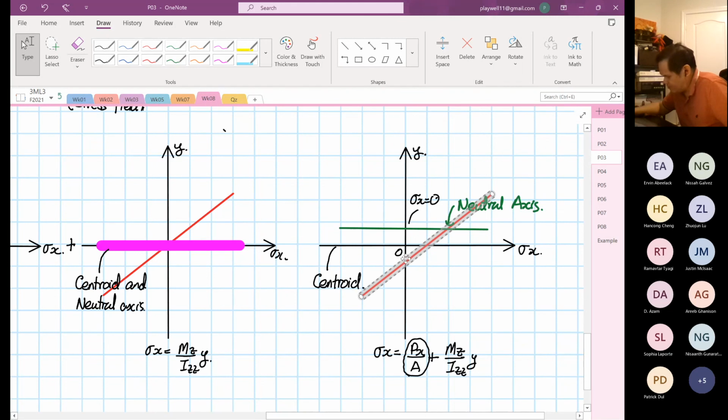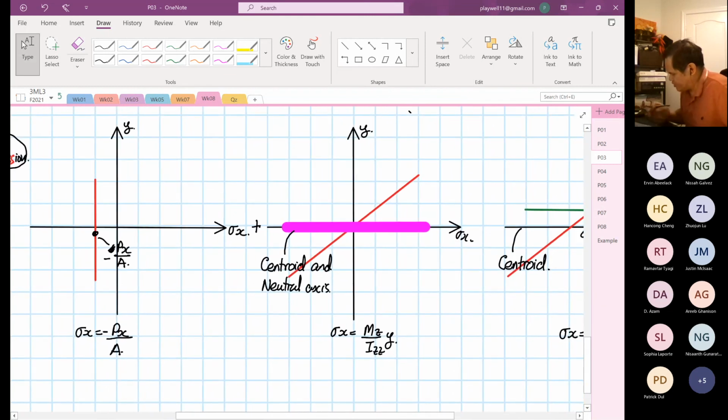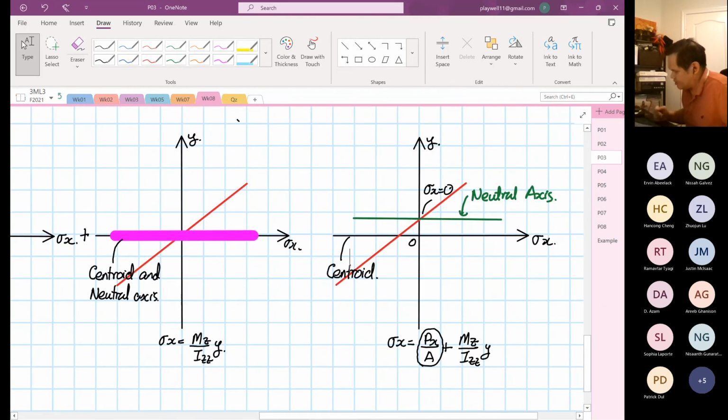After you flip, it's compression. So you shift towards the left. Again, that is your new position of your neutral axis.